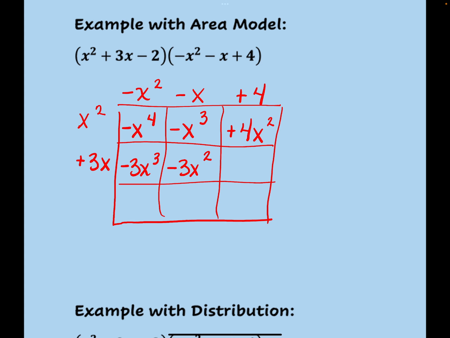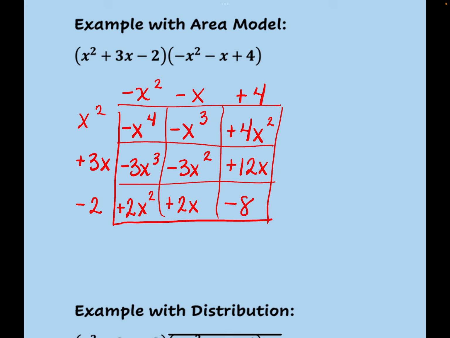And 3x times 4 gives me positive 12x. Lastly, on my last row, I've got negative 2 times negative x squared gives me positive 2x squared. Because a negative times a negative makes it positive, negative 2 times negative x gives me positive 2x. And negative 2 times positive 4 gives me negative 8.